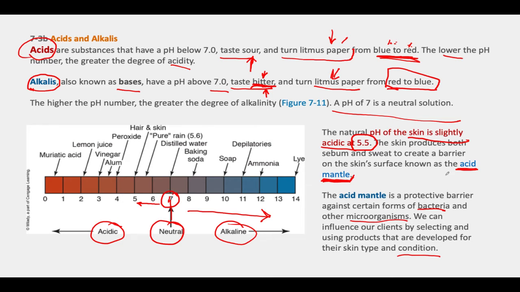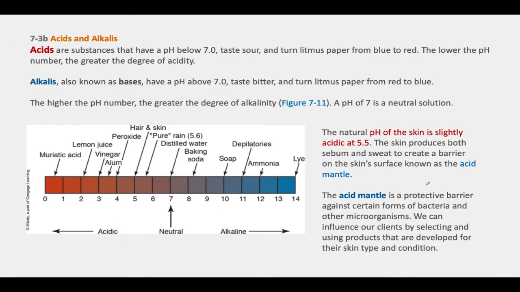So when we look at particular products, or when products are being developed by a company, they do take that into consideration, and we'll see that they have certain buffers that they put in there that will help keep and maintain the acidity level at around 5.5.